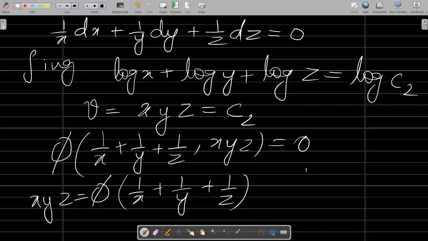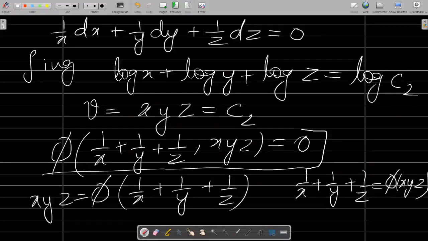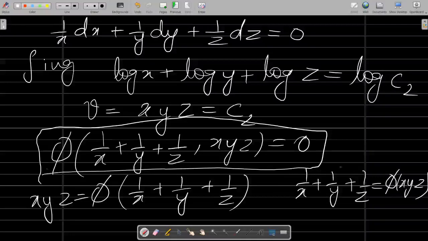Or you can also write it like this: 1 by x plus 1 by y plus 1 by z is equal to phi of xyz. You can write the solution in any one of these three forms, but I'll be sticking to this form: phi of u, v is equal to 0. This is your final solution.